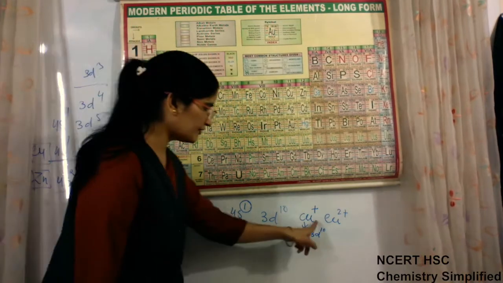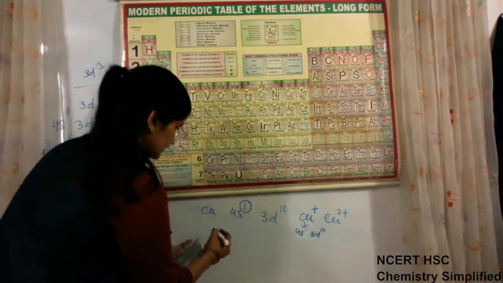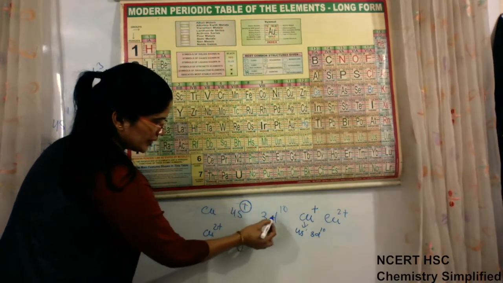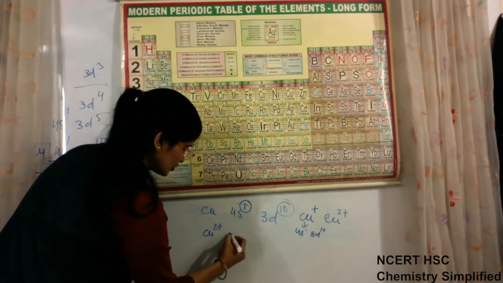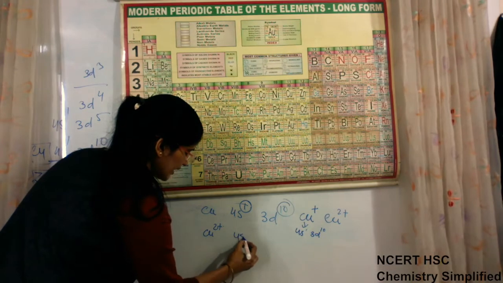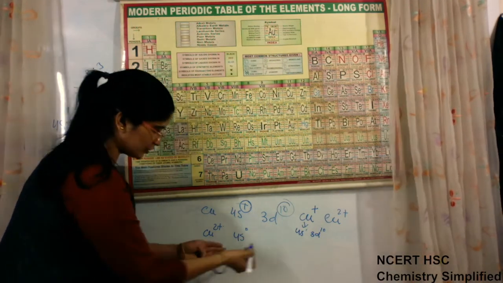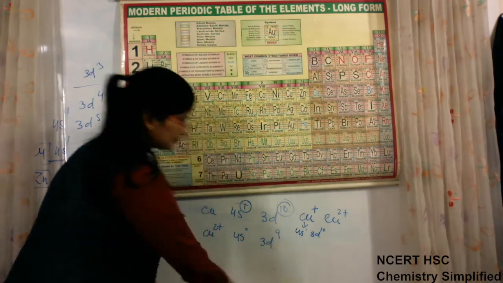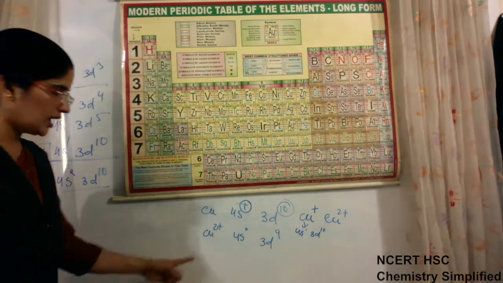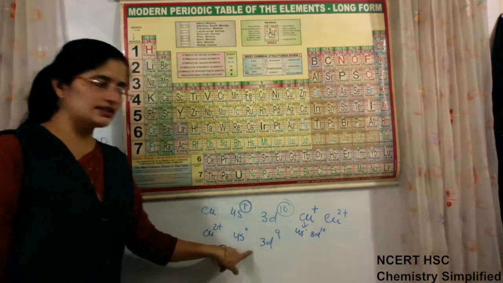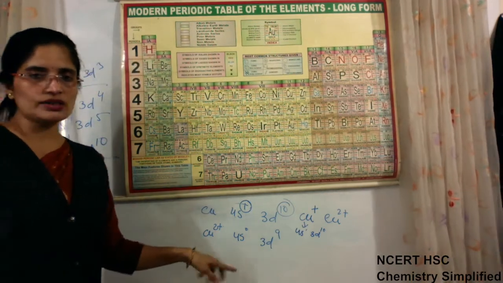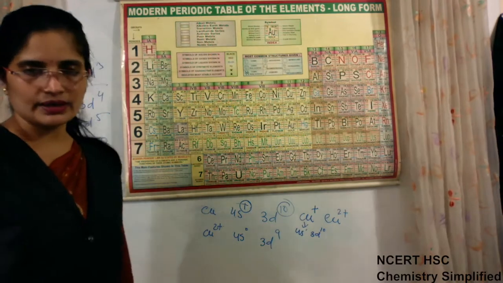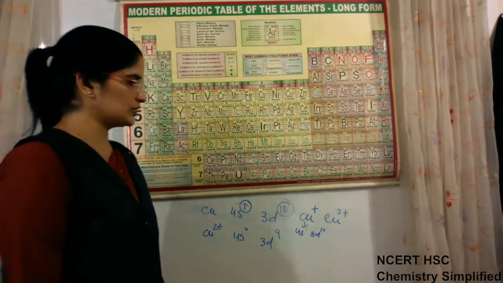But when I come to Cu2 positive, 1 electron is removed from here and 1 from the d, so Cu2 positive has electronic configuration 4s0, 3d9. Now it has an incompletely filled d orbital, not in ground state but in its oxidation state, Cu2 positive. Clear? Hence copper is a transition element.